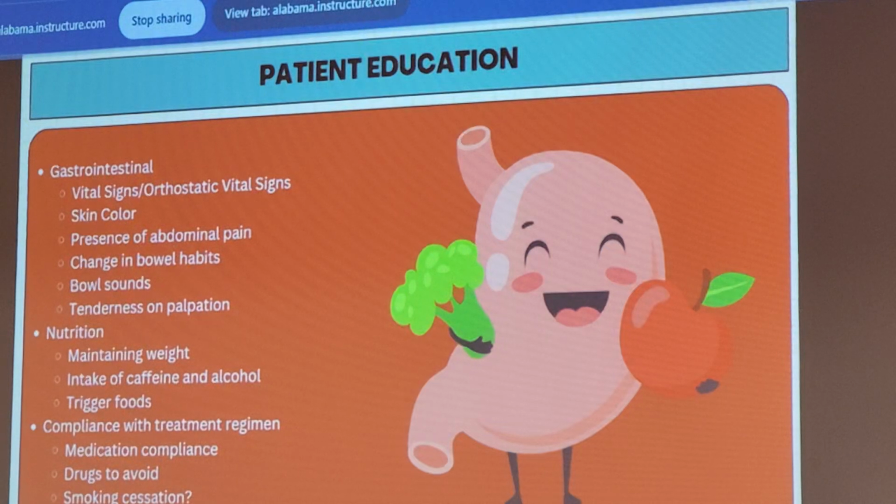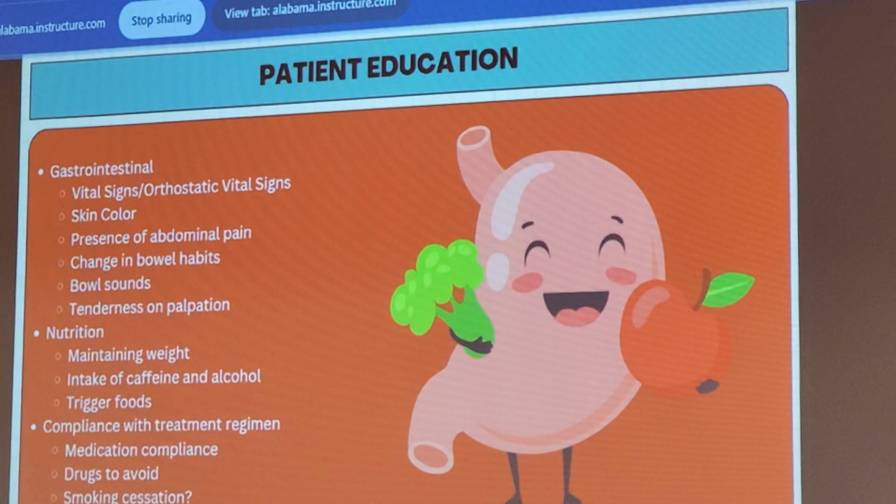We can also talk to them about signs and symptoms of a potential perforation. That sudden increase of pain, if their abdomen is real tender to the touch, real rigid, they're not able to apply pressure to it, it feels board-like, like you're pressing against a 2x4. That rigidity could be an indication of a perforation.